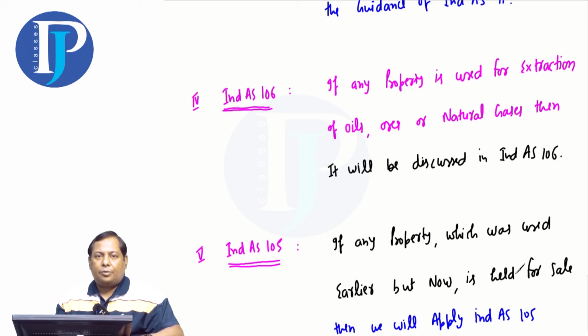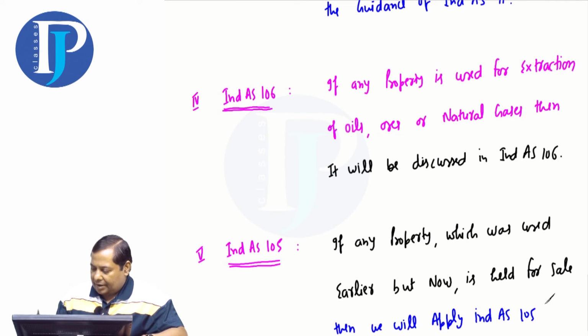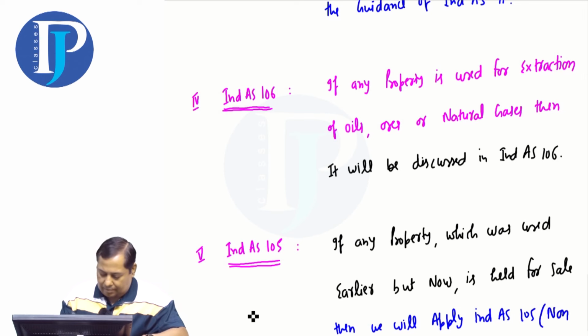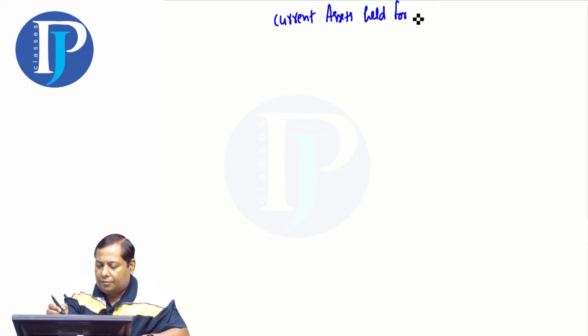The page is finished. Let's go to the next one. If you are behind on taking notes, you can pause me. Now next page. Okay, let's write the title now: Non-current assets held for sale.